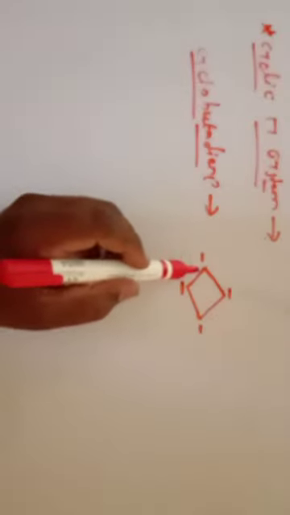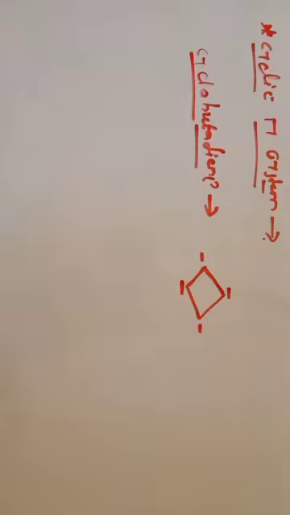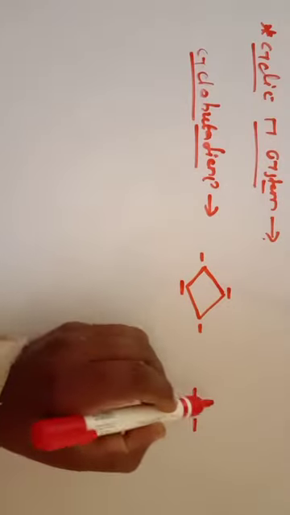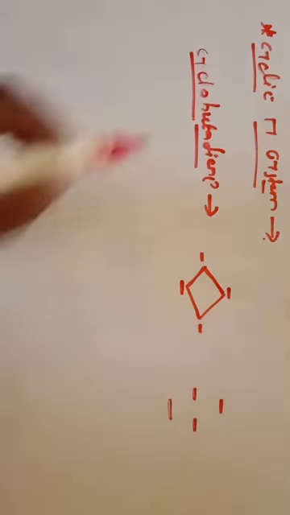This is the relative energy. For this cyclobutadiene, there is psi 1, psi 2, psi 3, and psi 4, because it contains 4 carbons.